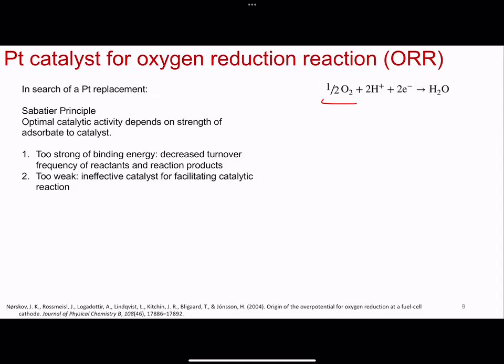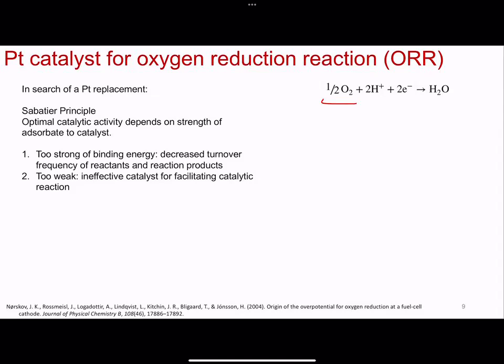You want your fuel or your gas to come in and adsorb onto the surface with some reasonable binding energy, but it can't be too strong because then it'll just stay there and your reaction won't go. But it can't be too weak because then it won't adsorb altogether and your catalyst won't be actually mediating the reaction. So somewhere in between is the Goldilocks adsorption energy for the reaction to occur. So that's the Sabatier principle.